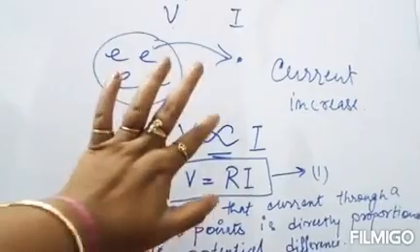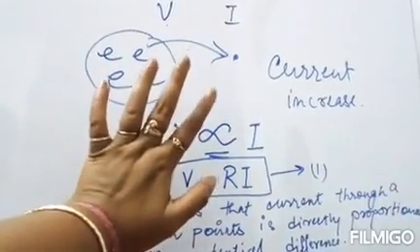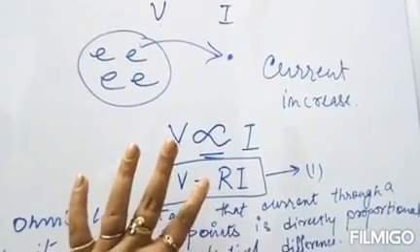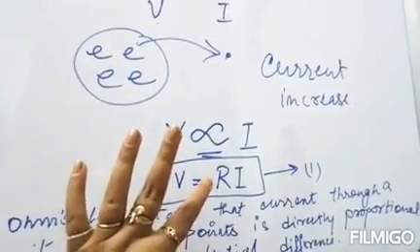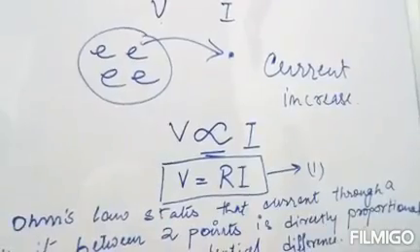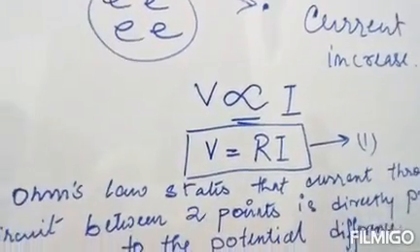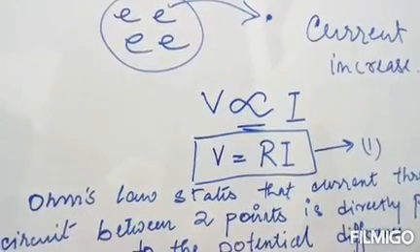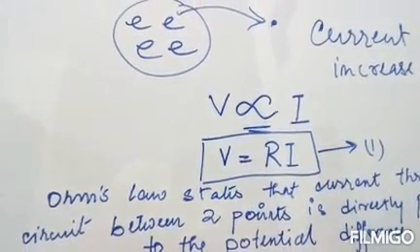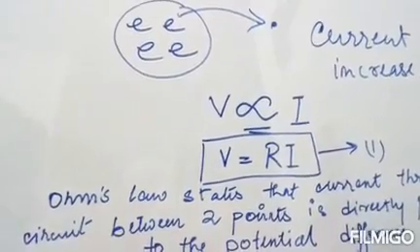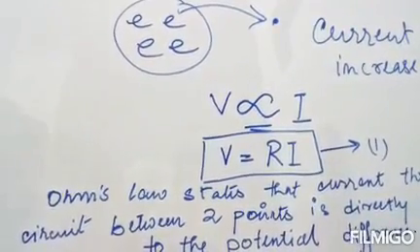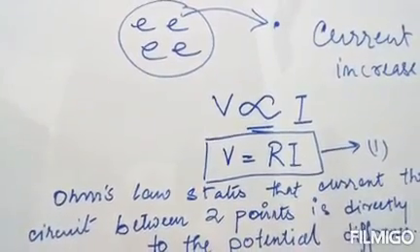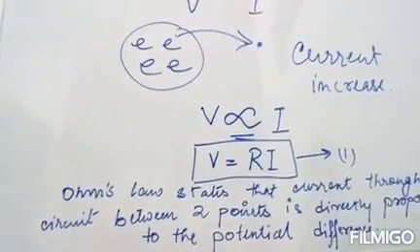And when I want to remove this proportionality sign, I have to bring one proportional constant. So from here we can get another definition of resistance, that is, resistance is the proportionality constant when potential difference is directly proportional to current flowing through a circuit or a conductor.